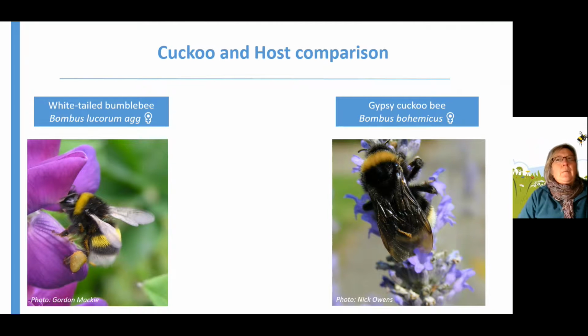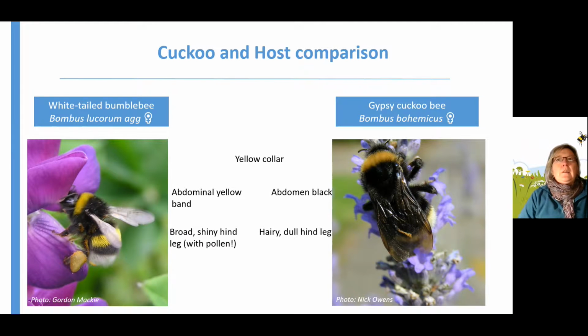And again, a little comparison between the females, the queen host, and the female cuckoo. So again, the white-tailed bumblebees and bohemicus have that yellow collar. In the white-tailed bumblebees, you have a nice bright yellow abdominal band right in the middle of the abdomen there, not so in bohemicus.